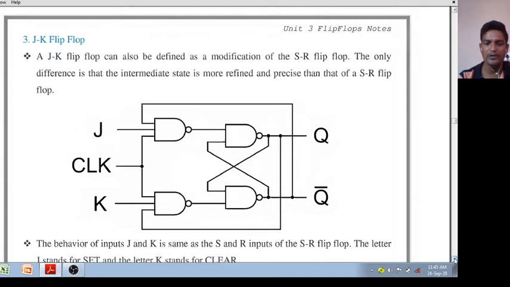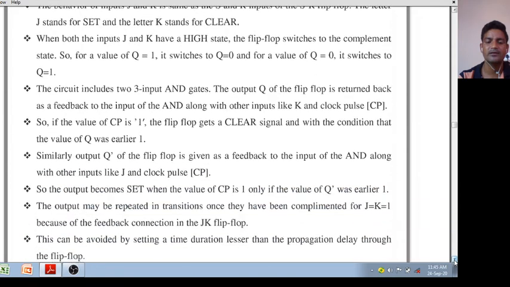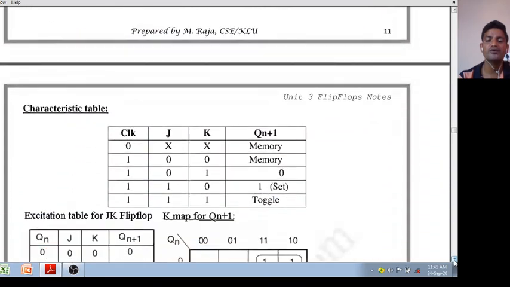Now how will you draw the characteristic table? Just you have to remember, J is nothing, it is equal to S. K is nothing, it is equal to R. Okay, the same output we will get till here.